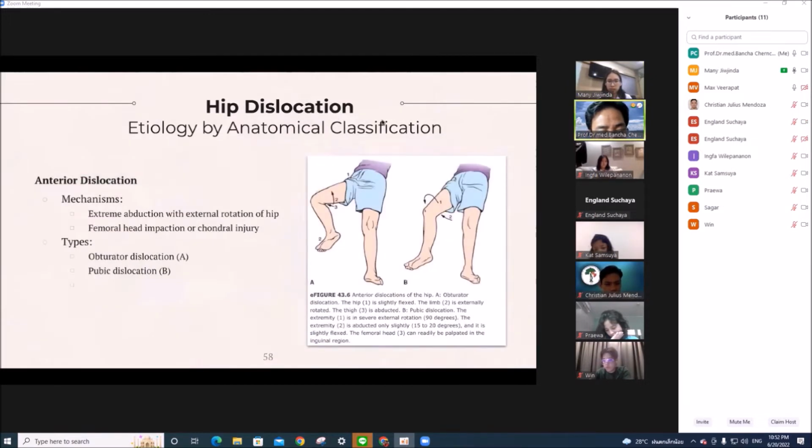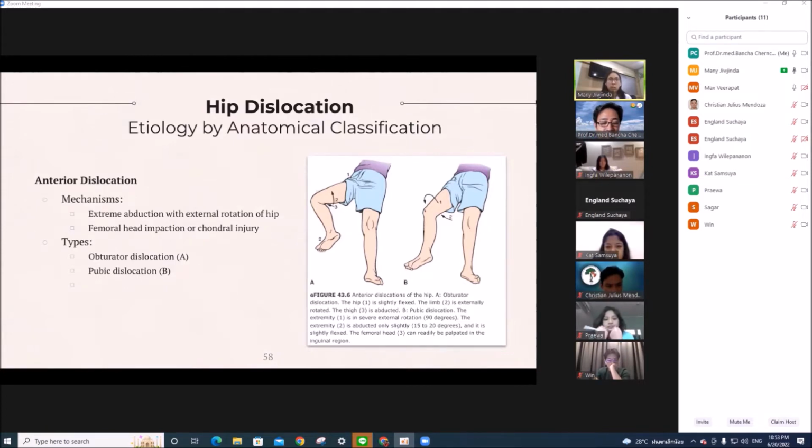Then for anterior dislocation, I was able to find less about it. The mechanisms for this are extreme abduction with external rotation of the hip, or if your femoral head receives a high impact, or you have chondral injury, so cartilage injury.